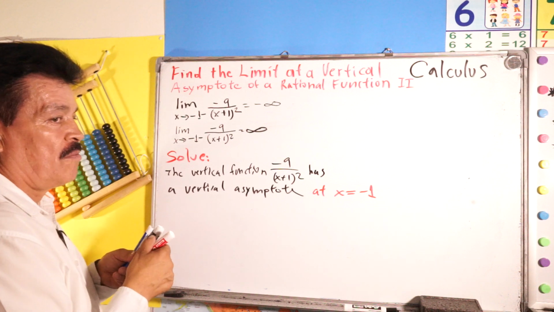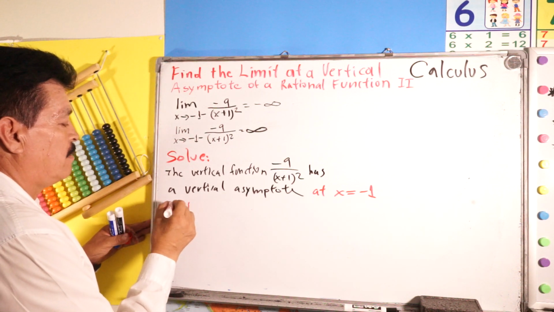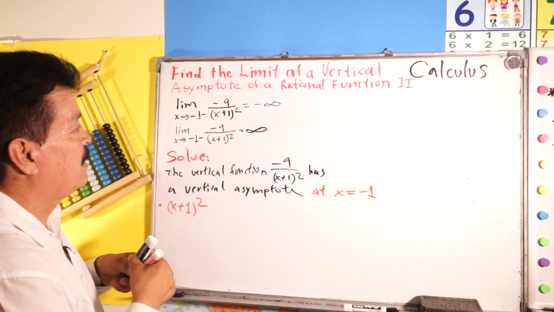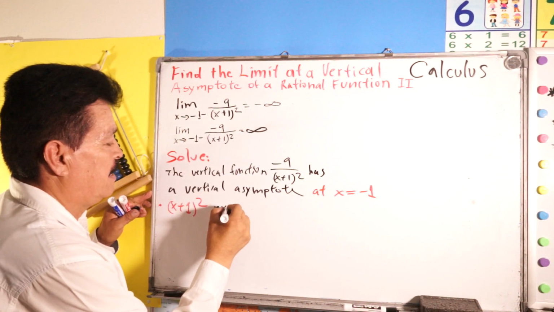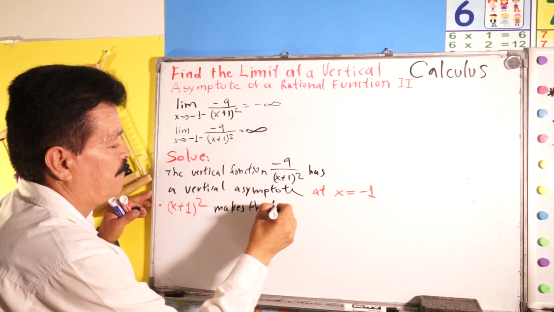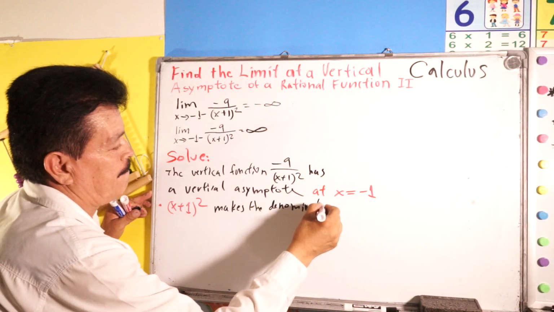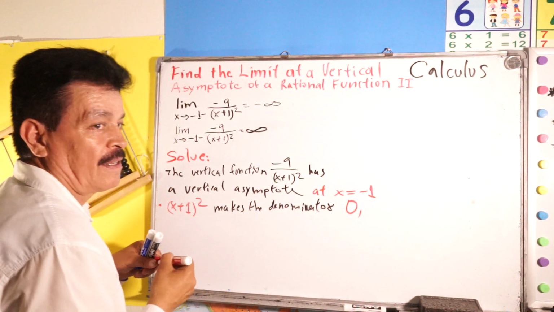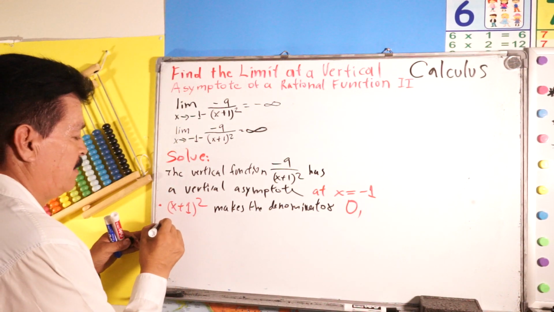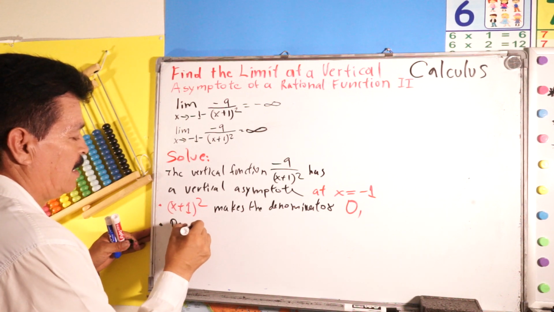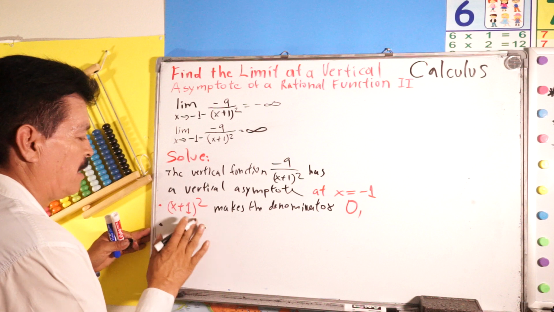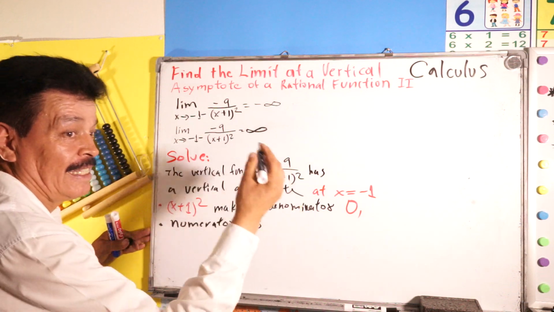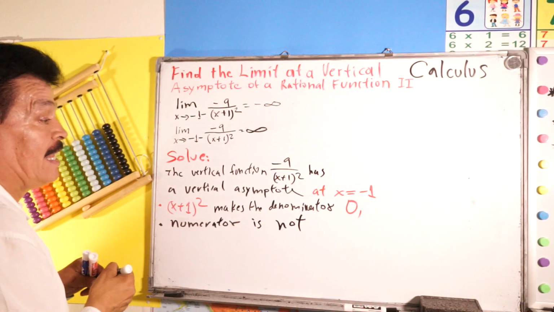Why? Because x plus 1 to the second power makes the denominator 0, okay? And the numerator is not 0.